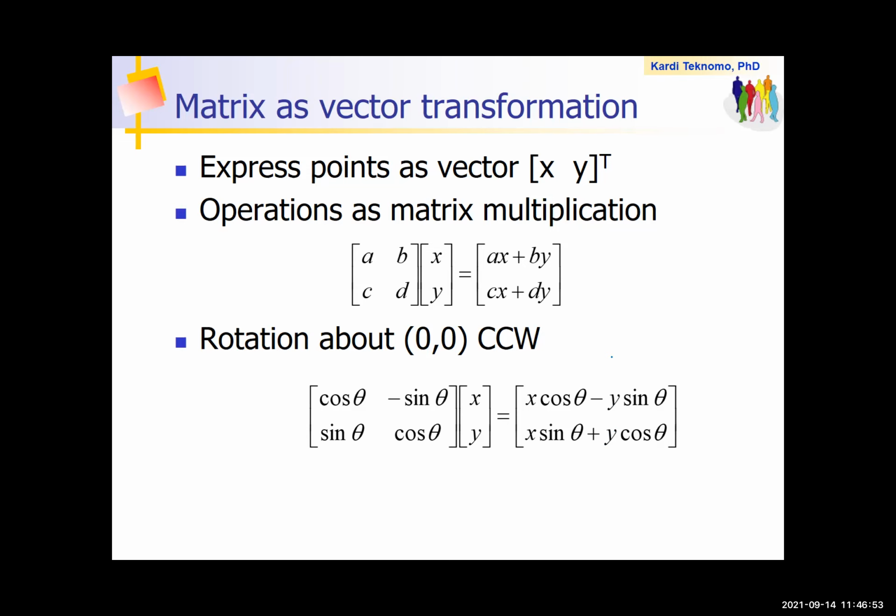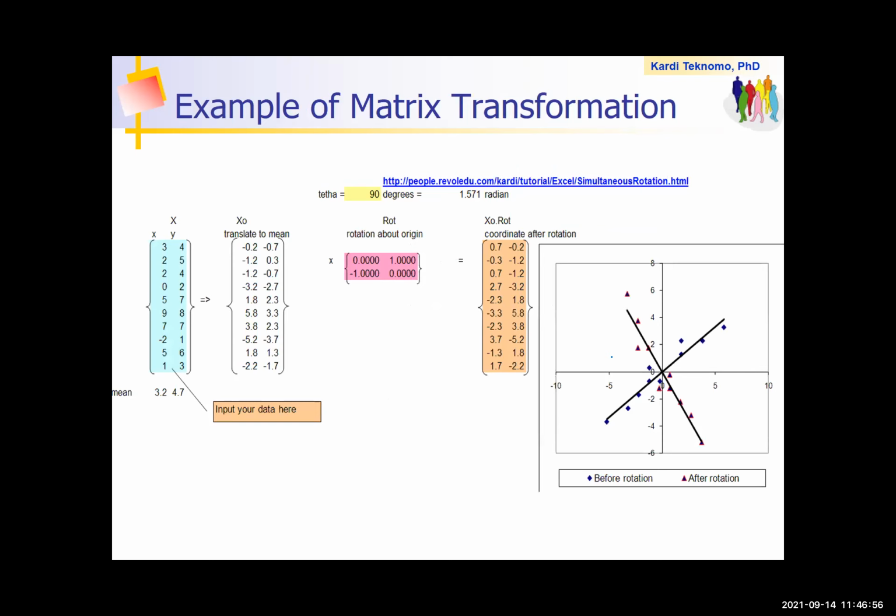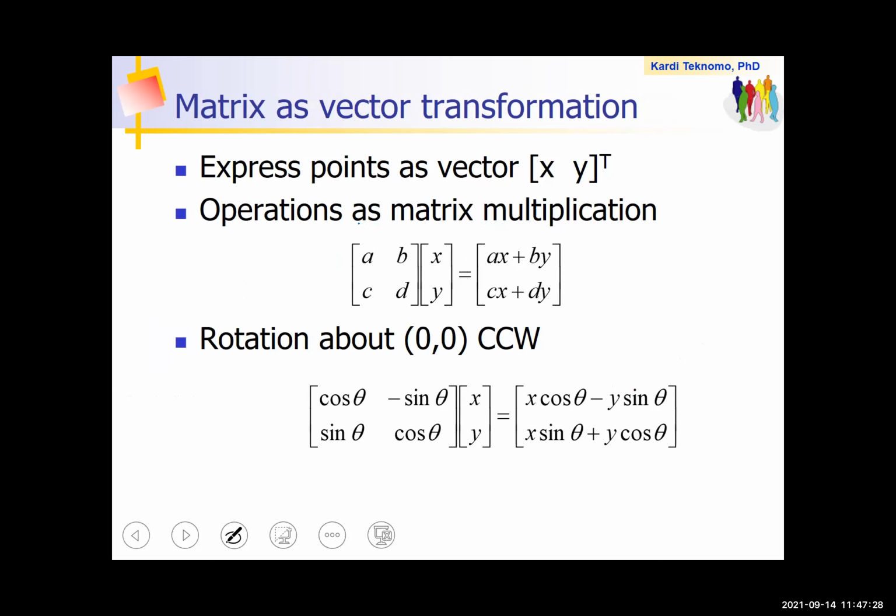Okay, so I want you to practice this type of matrix transformation. You can put any data, x comma y, and then you transform that data to the mean, meaning you subtract its mean. Then you create a rotation matrix with this one.